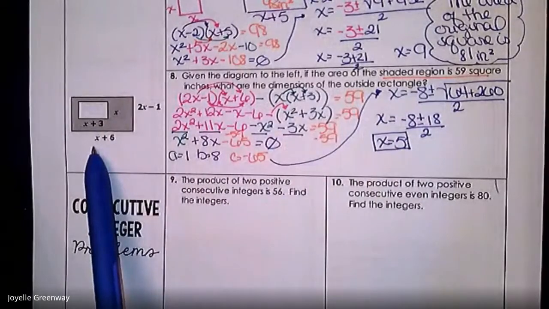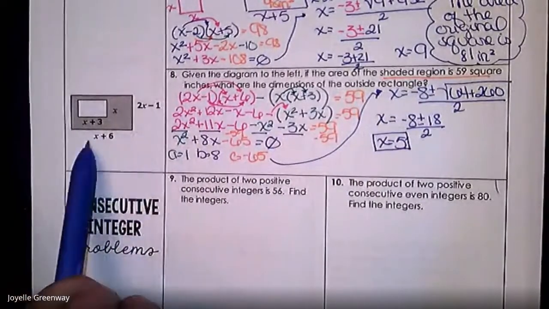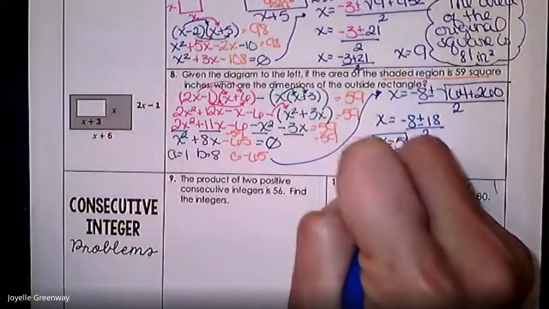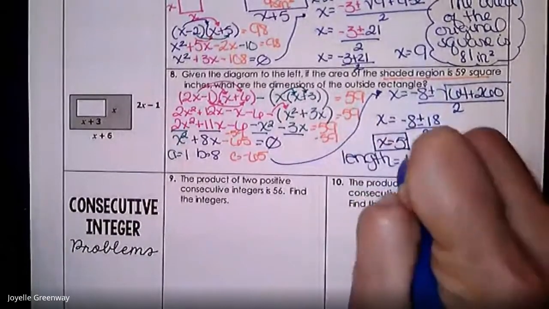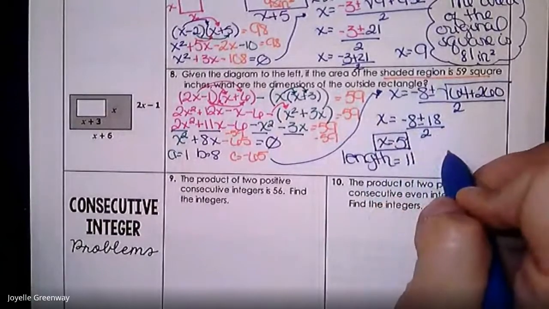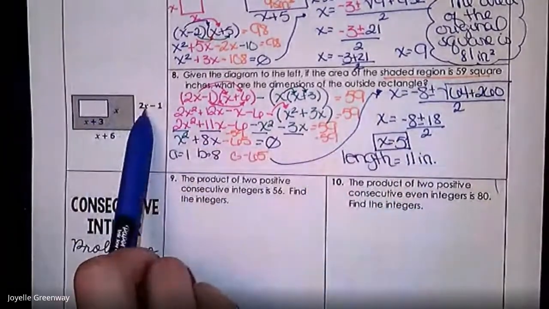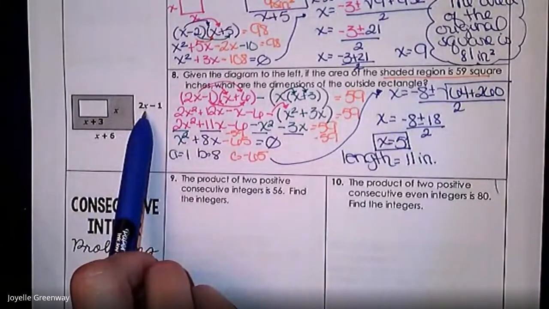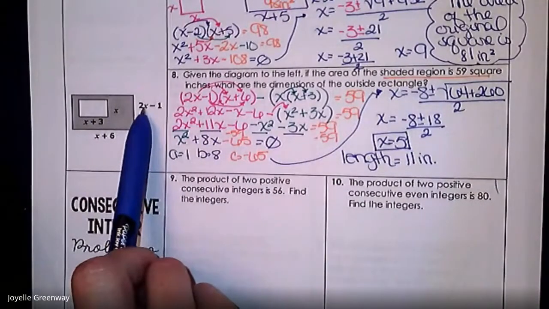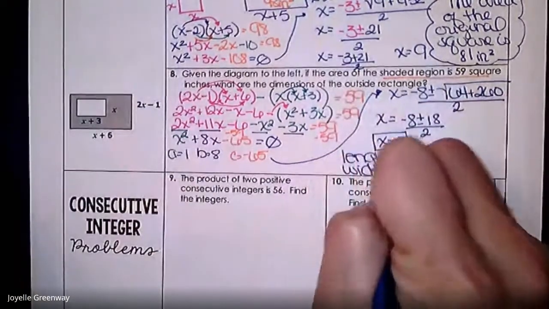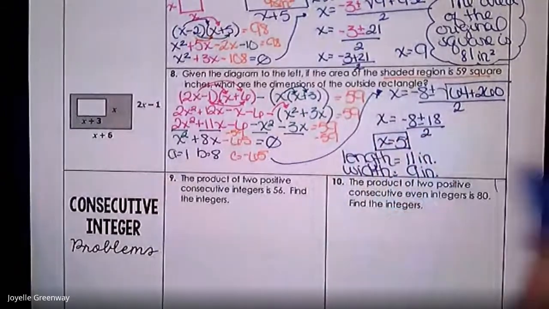So if x is 5, then the length of my rectangle is 5 plus 6. So my length is 11 inches. And if I substitute a 5 in here, I get 2 times 5, which is 10, minus 1 is 9. So my width is 9 inches.